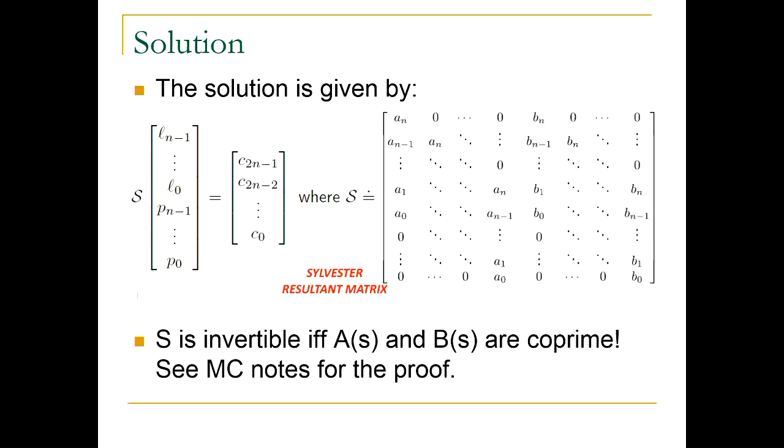Now, it turns out that the matrix S is invertible if and only if the polynomials A and B are coprime. Do you remember what a coprime set of polynomials is? Yeah, they don't have common roots, so there is no pole zero cancellation in the plant.